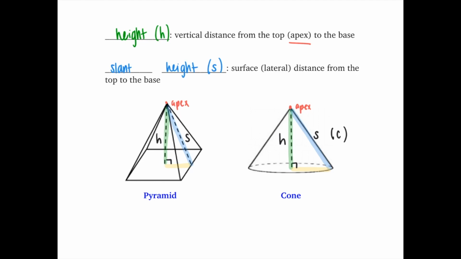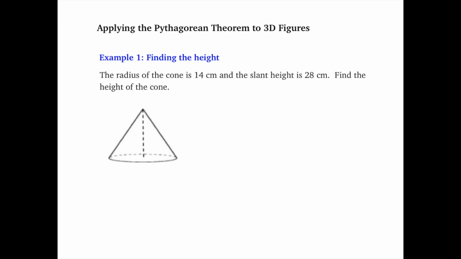In our first example, we're going to find the height, and here we have a cone. A little throwback for you with the word radius. Remember, radius is half the distance across a circle, from the outside to the middle point. So the radius of my cone would be this side length on the inside of that base, and it's telling me that's 14 centimeters.